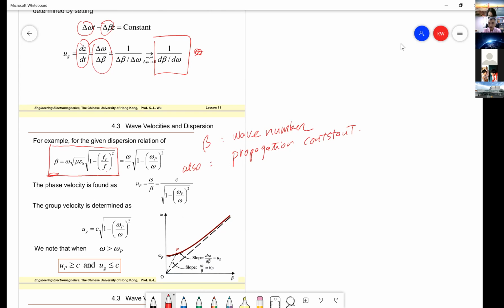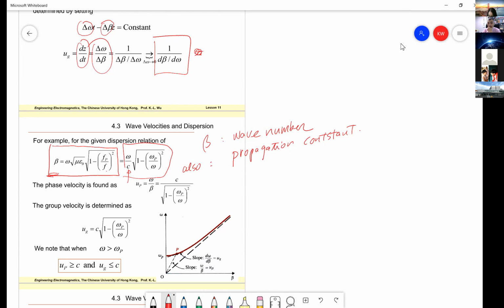This is a function f, and fp is what we call the cutoff frequency. Then we can represent it in terms of the speed of light.